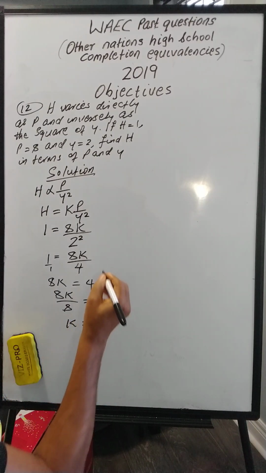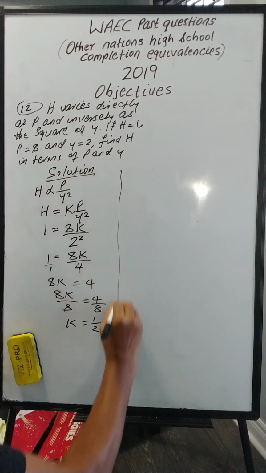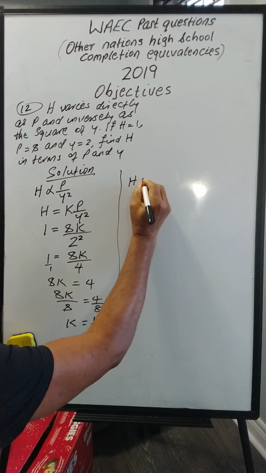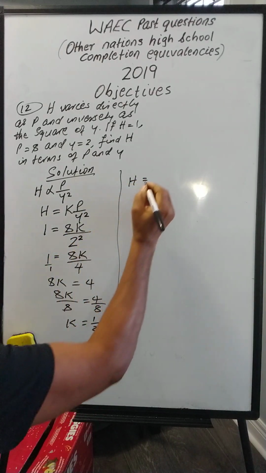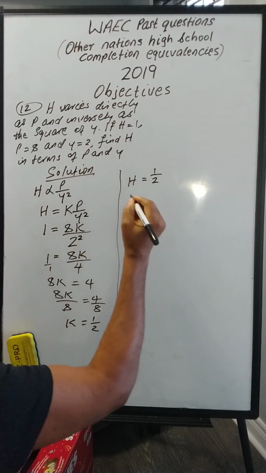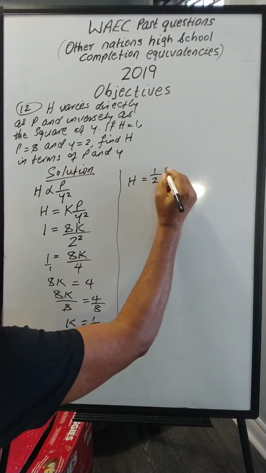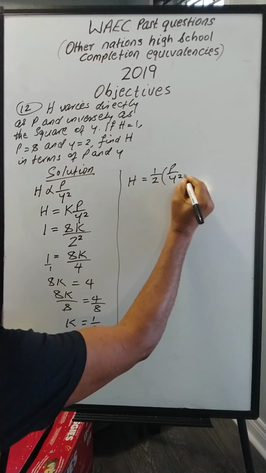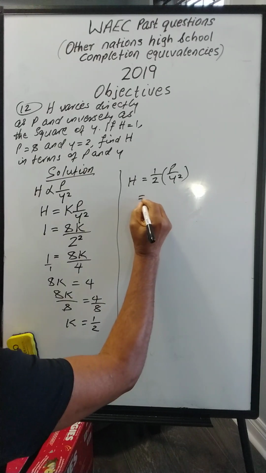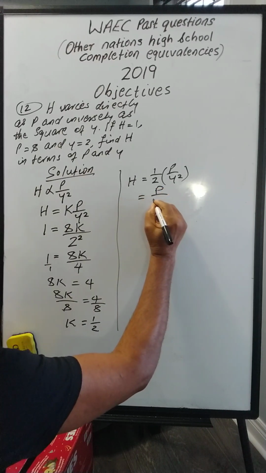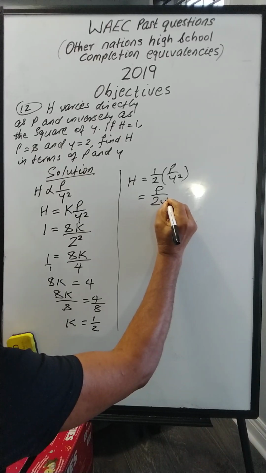Having found k, we now say therefore, h is equal to 1 over 2 for k, times p over y squared, which is the same thing as p over 2y squared.